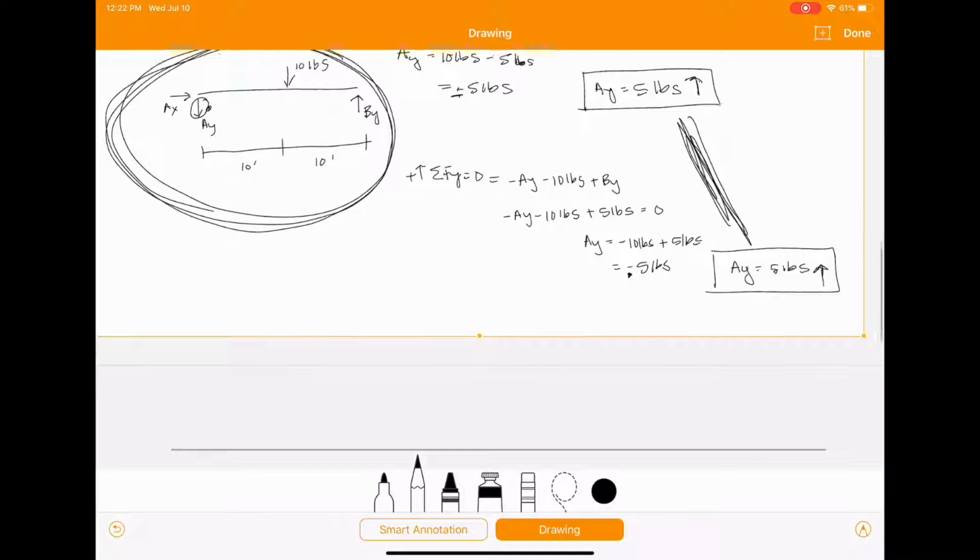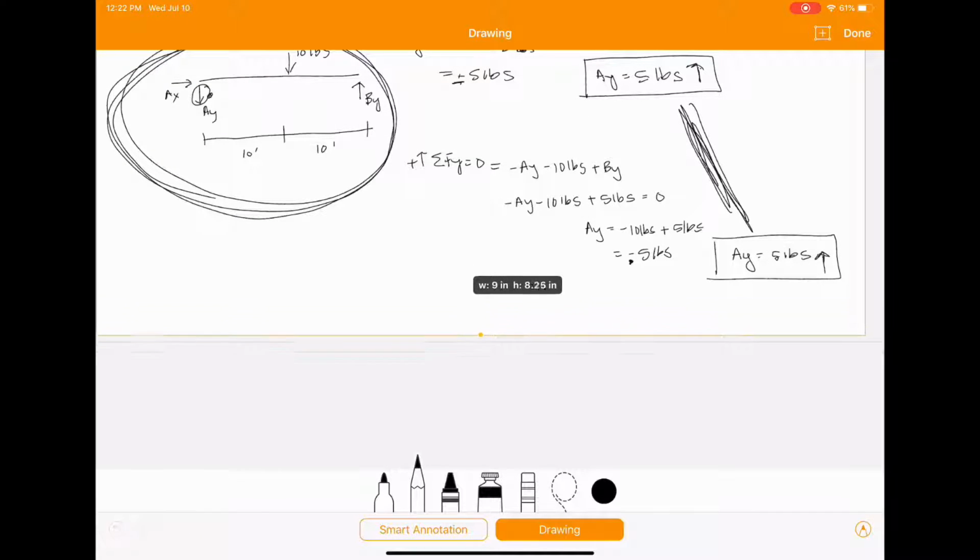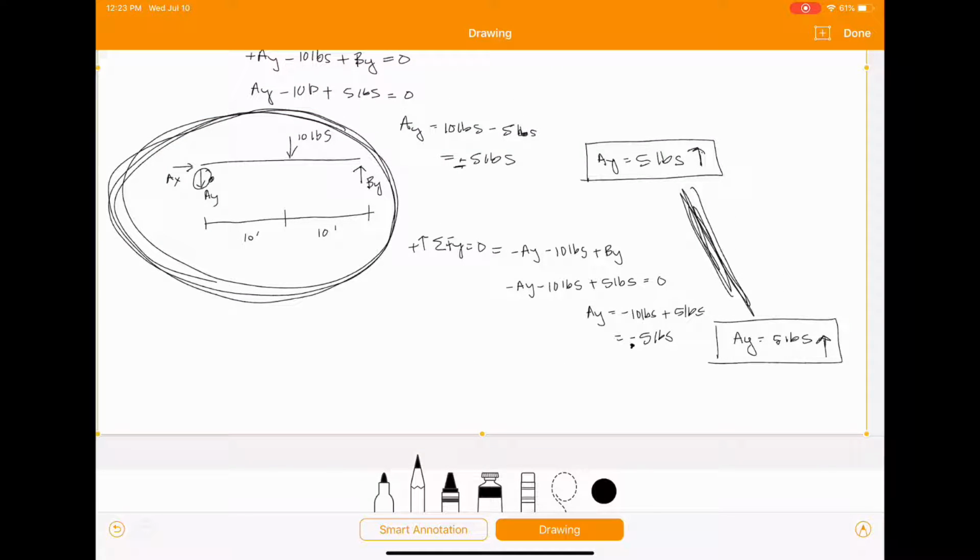Nothing really else. One thing you can do is redraw your free body diagram with the values. I won't draw AX because it's 0. So that's what that beam looks like.